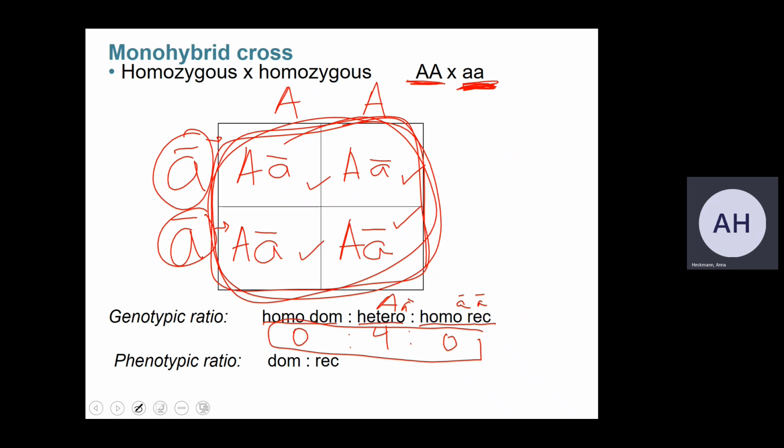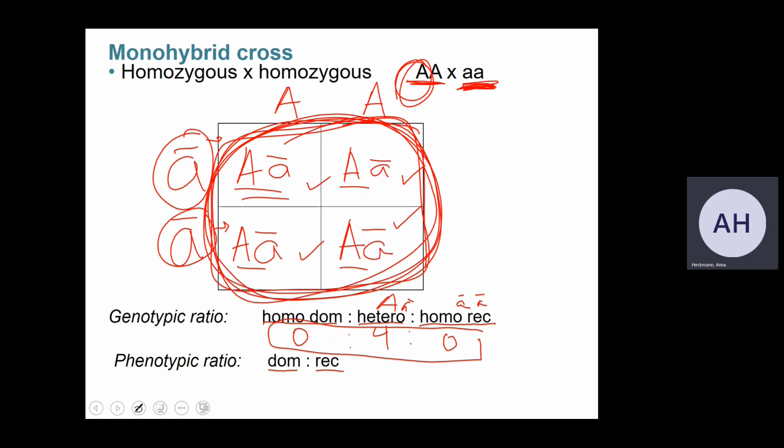For the phenotypic ratio, when you're asked to calculate that, you're asked to calculate how many show the dominant phenotype to how many show the recessive phenotype. So in this case, the dominant phenotype is going to be whatever is designated by the capital A. Whatever it is, it doesn't matter because we know that all of these are going to have the dominant phenotype because they all have a dominant allele.